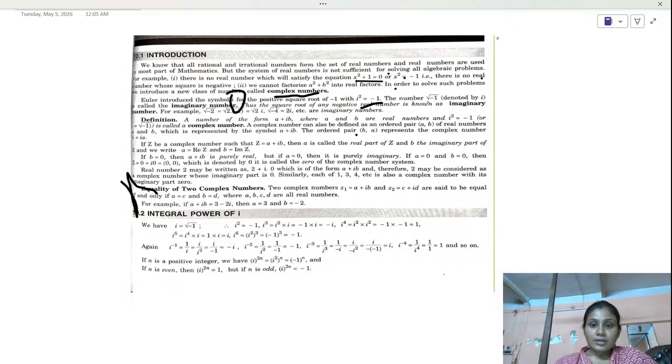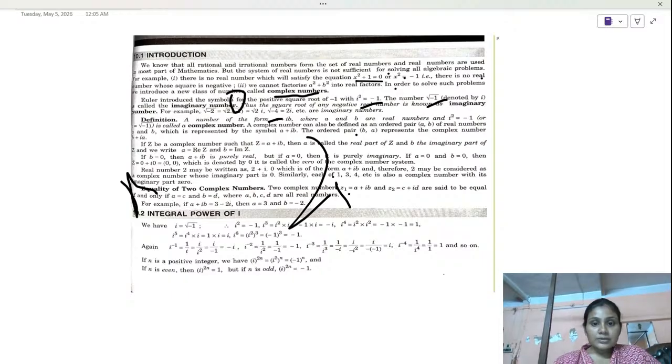So the square root of a negative number will be an imaginary number. For example, root under minus 4 can be written as 2 iota. So these are some imaginary numbers.